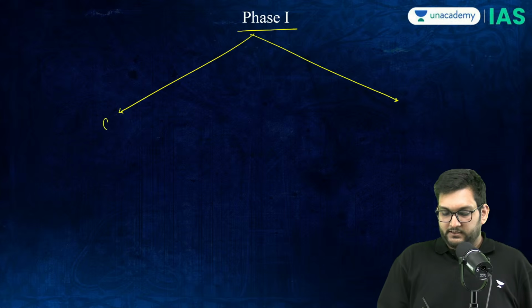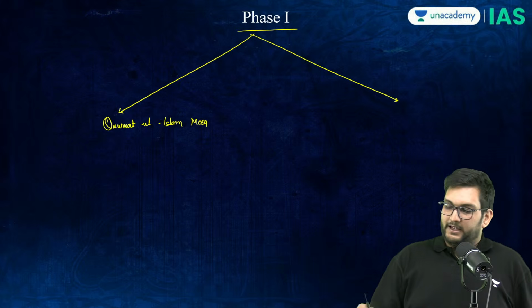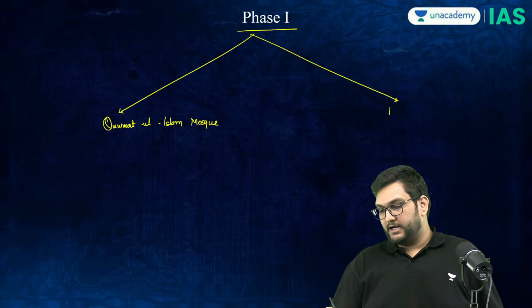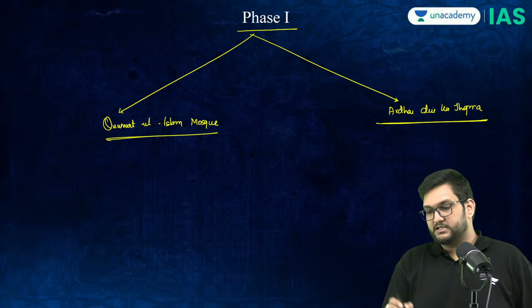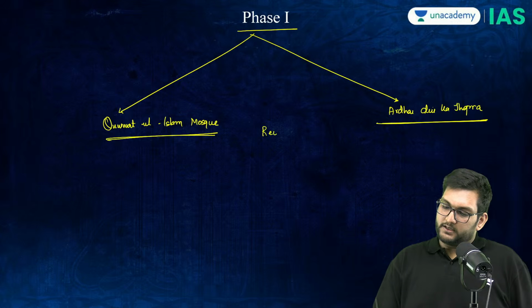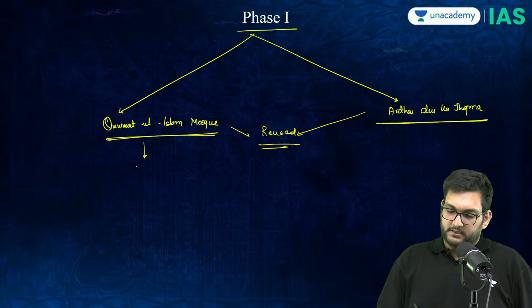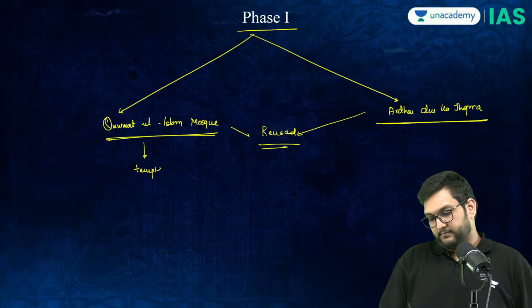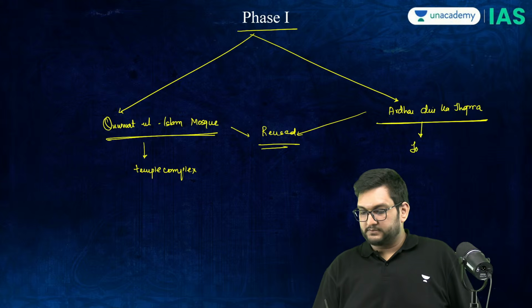One, Quwwat ul Islam Mosque, and second, the Adhai Din Ka Jhopra. These two structures are reused structures, and one is considered a temple complex and the other one is a Jain monastery.